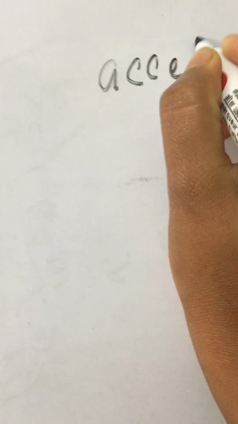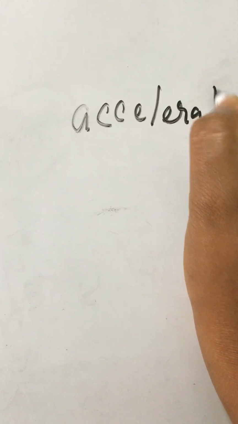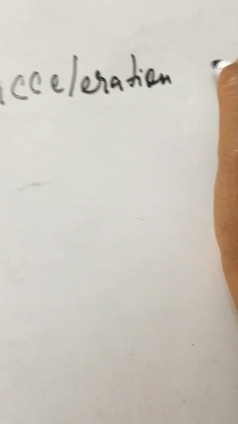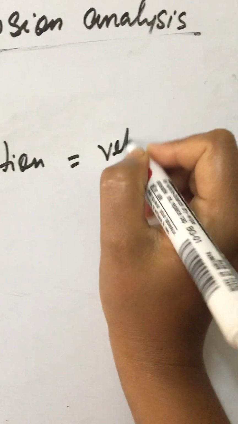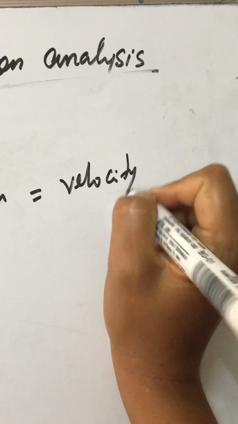Now coming to another simple one, we'll do two or three, like acceleration. Class 9 physics, don't forget it. Formulas at least. Acceleration is velocity by time, right?